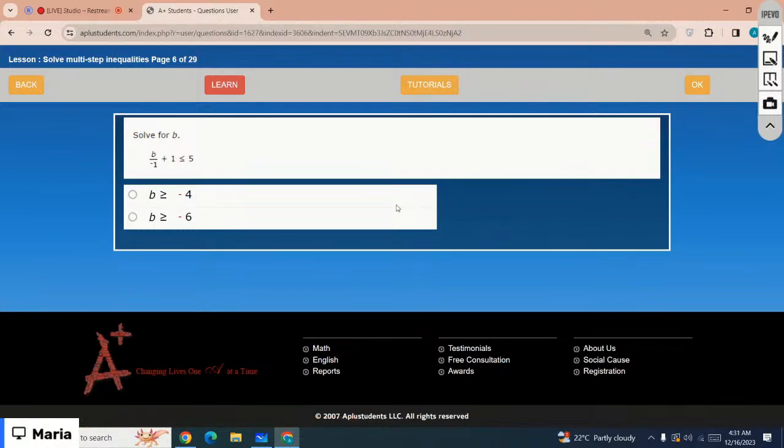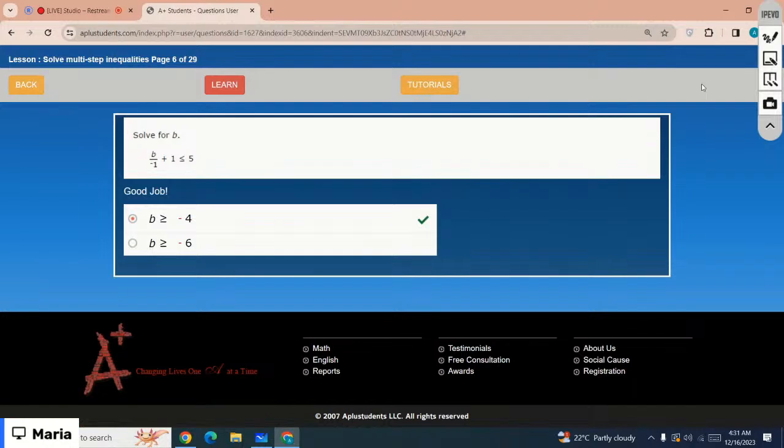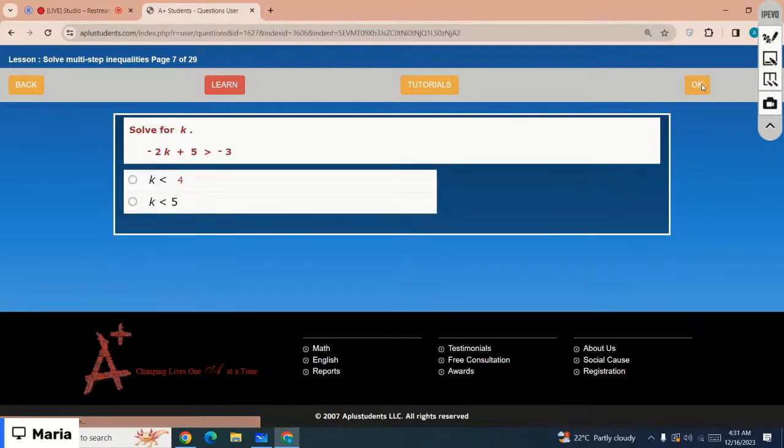Yes, option number 1 is the correct option. That is b is greater than or equal to 4, right? Okay, the next one is solve for k. So which is the correct option?